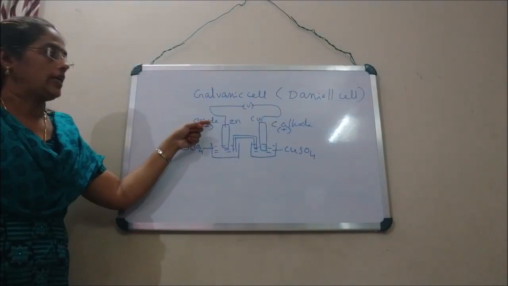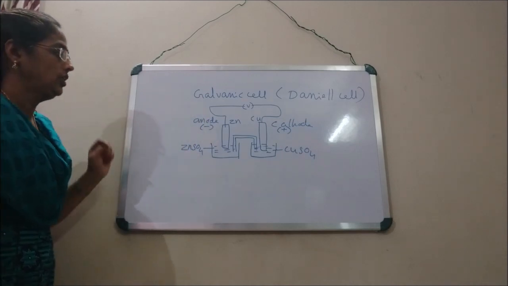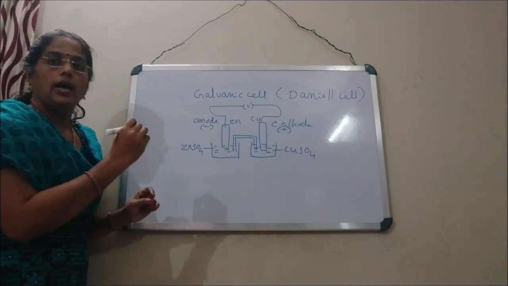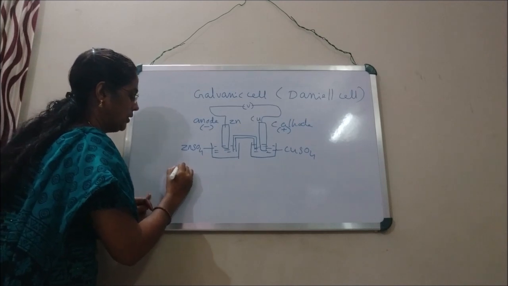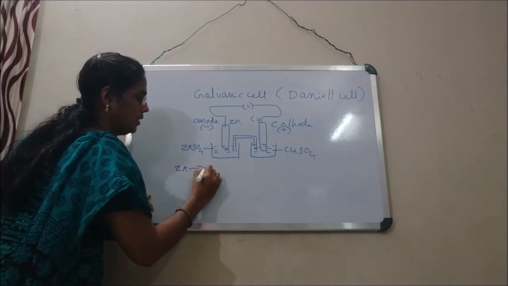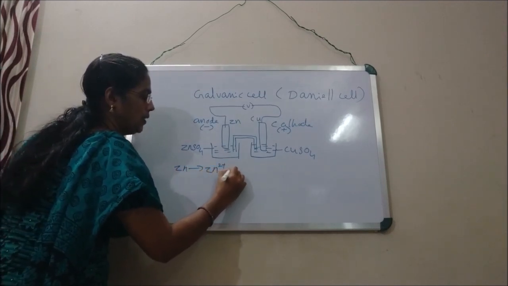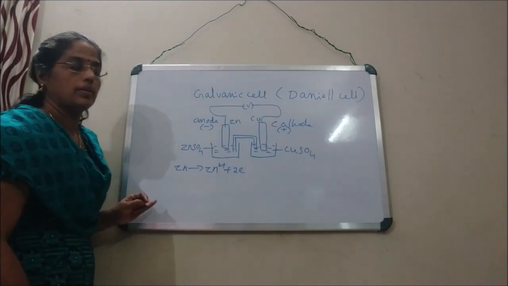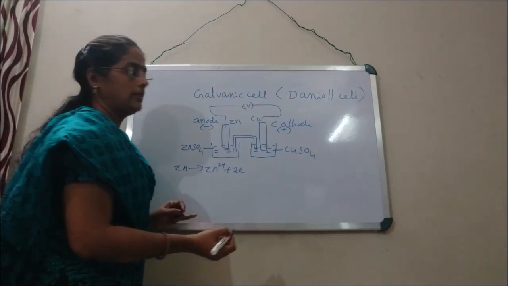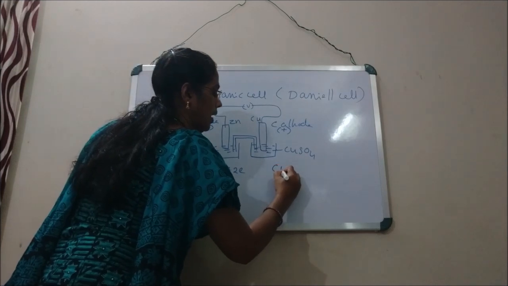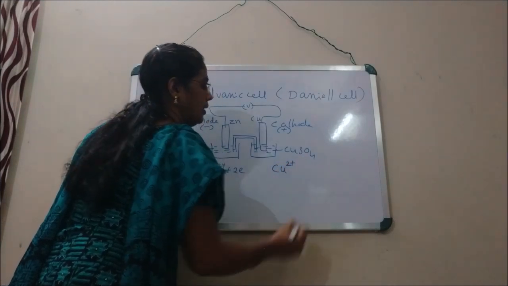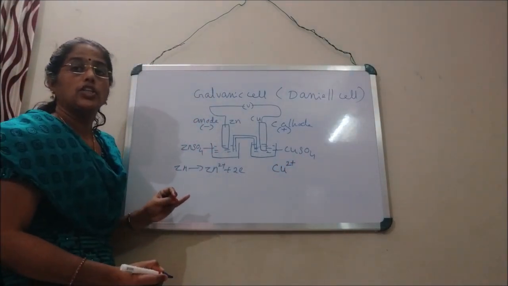Zinc acting as anode is undergoing oxidation, and the half cell reaction of the anode is Zn gives Zn2+ plus 2 electrons. Copper acts as the cathode, and in the cathode reduction is occurring.